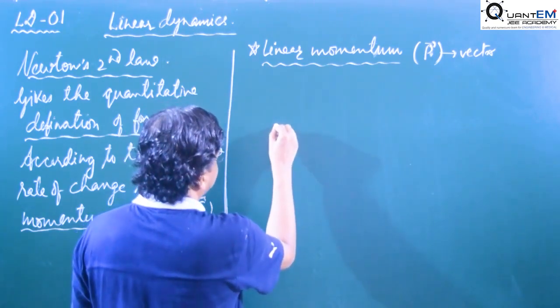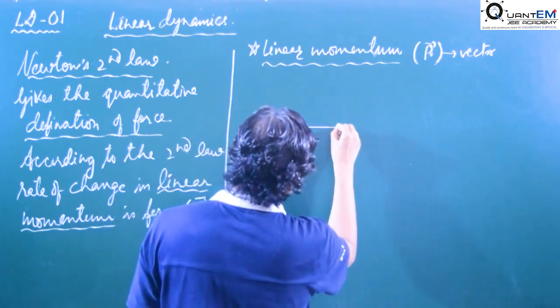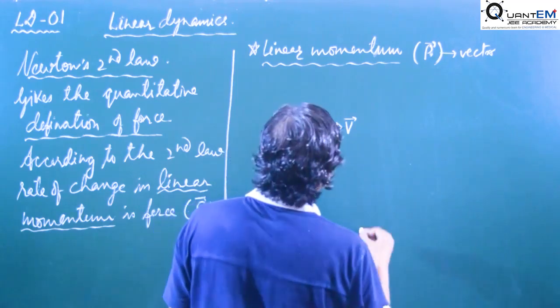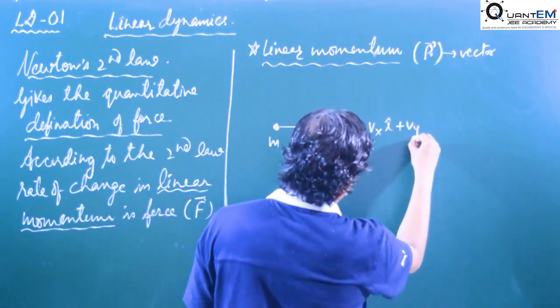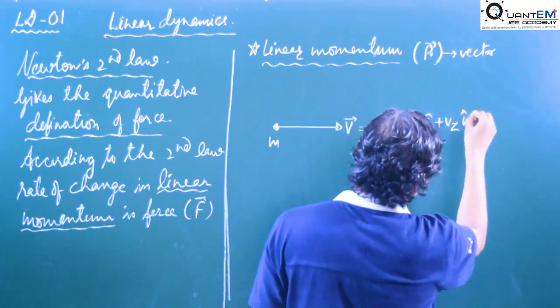Suppose a particle of mass m is moving with velocity v, that is vx i cap, vy j cap, and plus vz k cap.